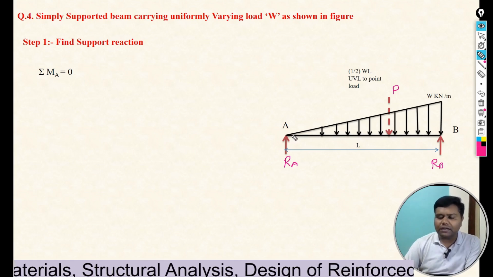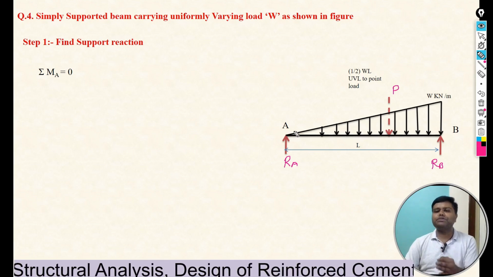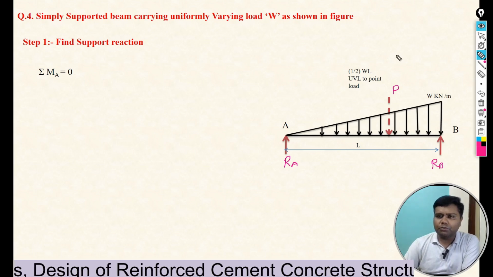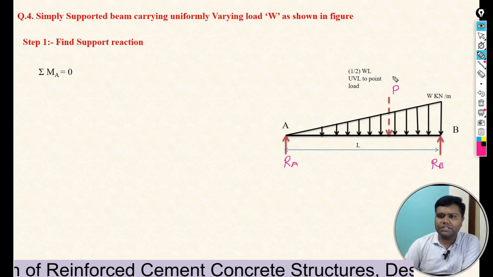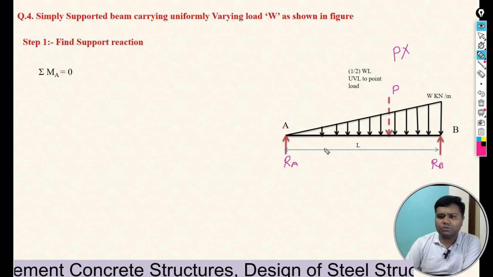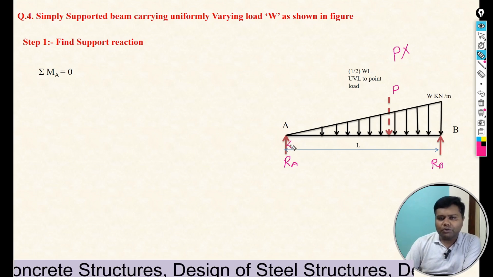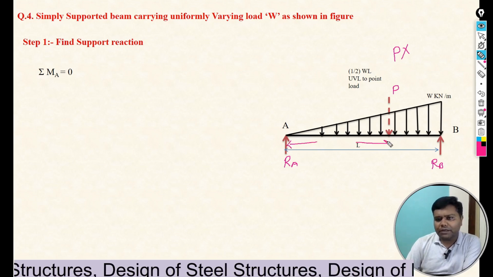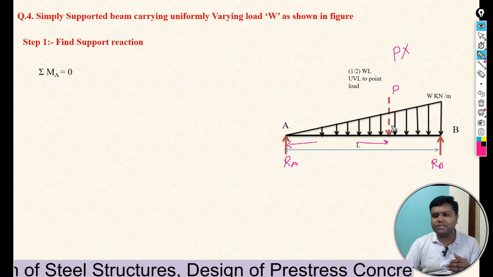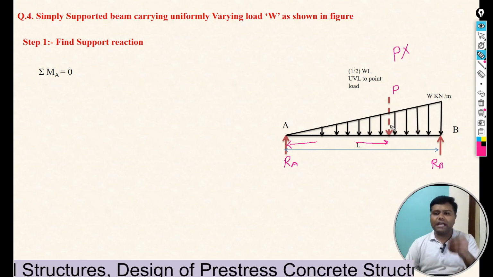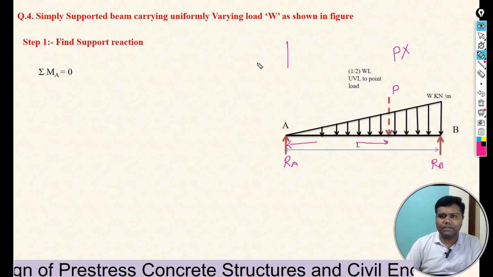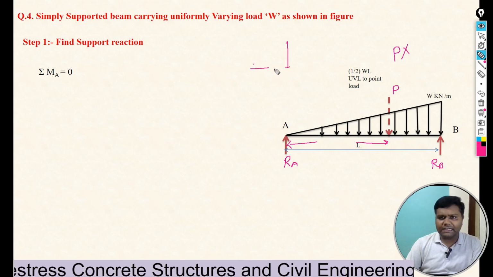And we already know that moment is force into perpendicular distance. So the moment of this P is P, the force, times its perpendicular distance from point A. We know the CG of a triangle: the imaginary force we have converted will act at the center of that triangle.